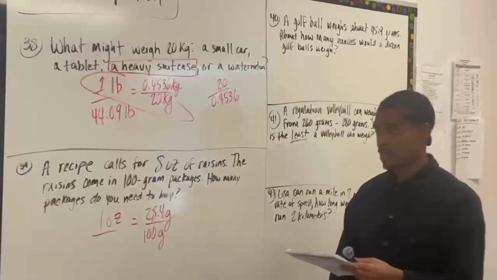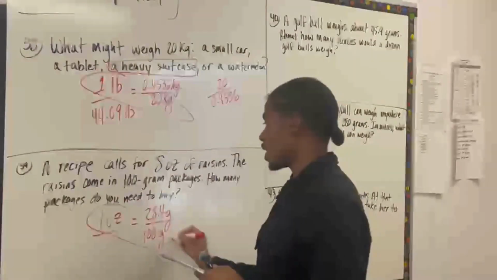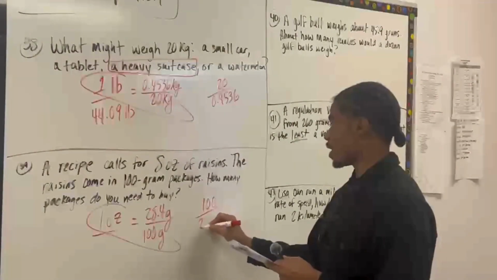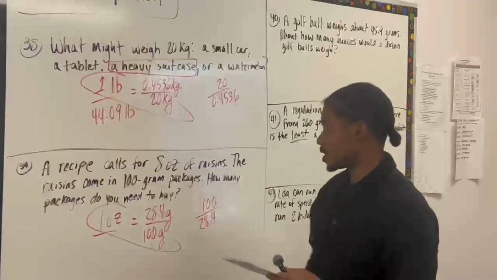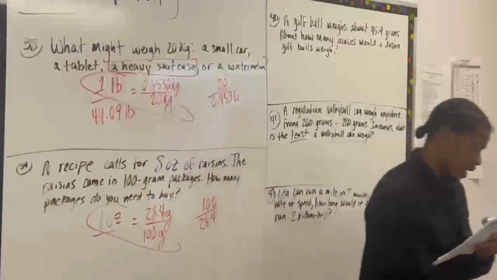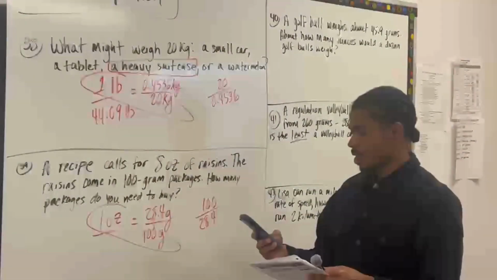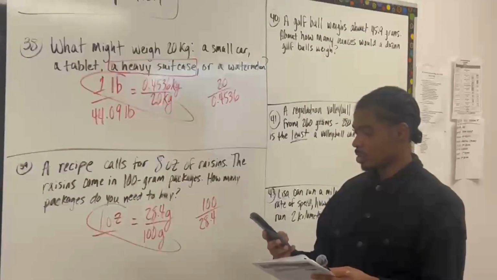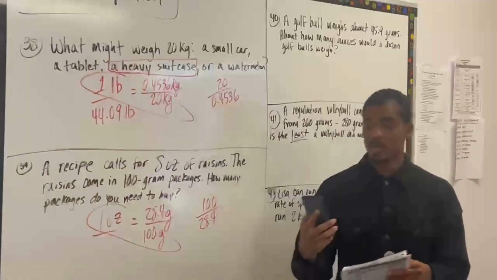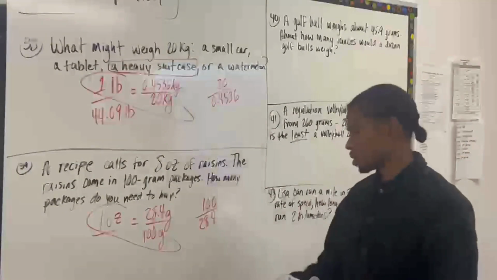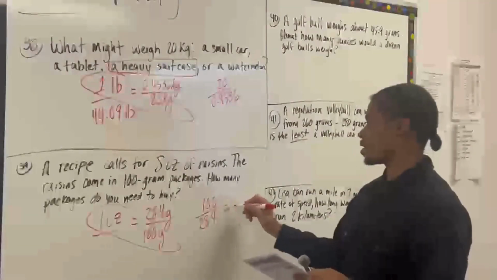Easy money. If I cross multiply, that would be 100 divided by 28.4, which you can do with your calculator, and that gives me 3.52.